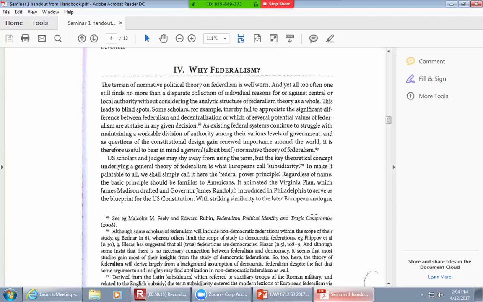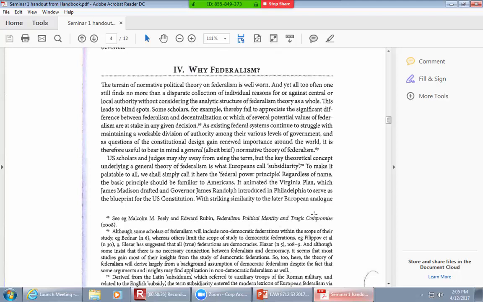Okay. So it says, but the key theoretical concept underlying a general theory of federalism is what Europeans call subsidiarity. Okay.